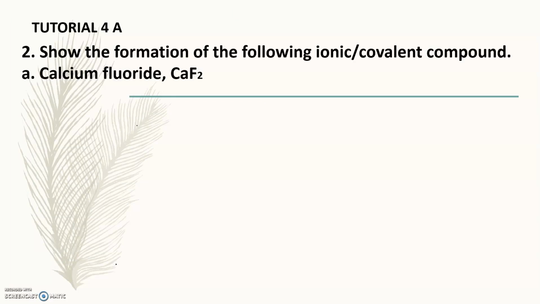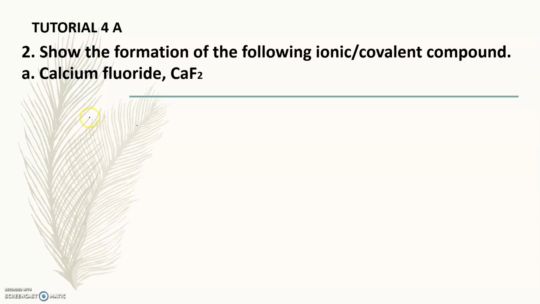some questions to discuss. For tutorial A, question number 2: show the formation of the following either ionic or covalent compound. A is calcium fluoride. When we look, calcium is group 2, an alkali metal, and fluorine is group 17, a halogen.